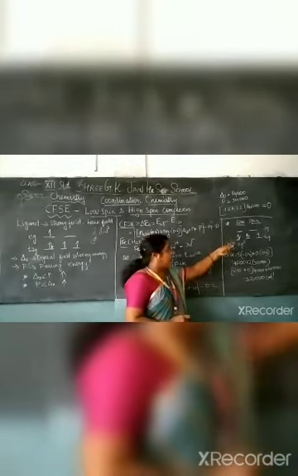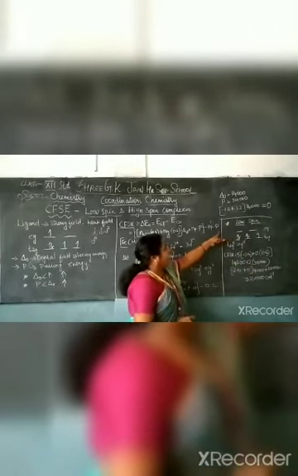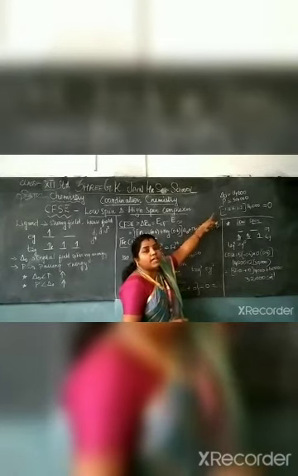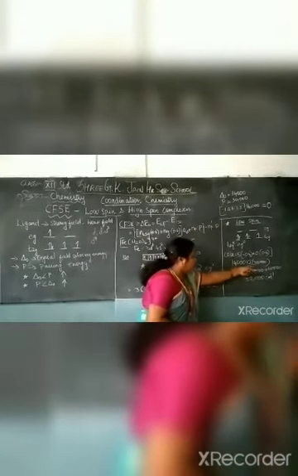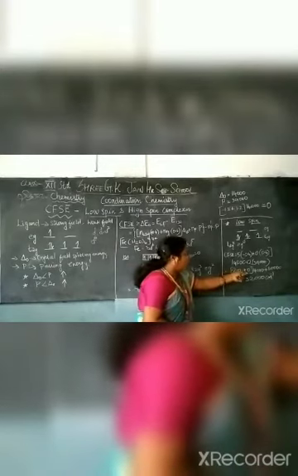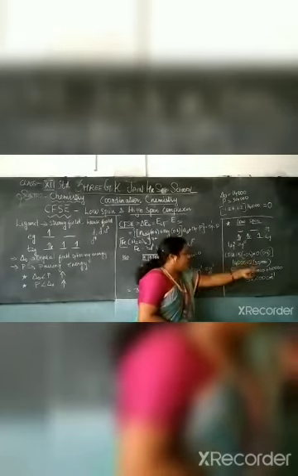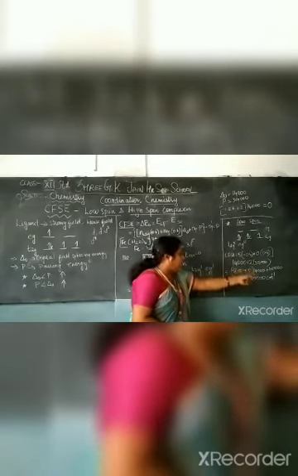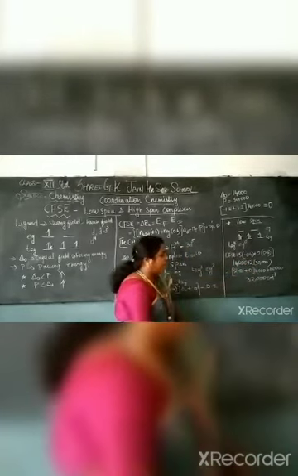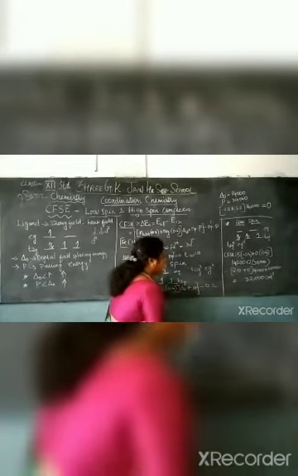How many pairs are there? 2. So 2 into the pairing energy, which is given as 30,000. So 5 fours are 20, minus 2.0, plus 0 into anything is 0. 14,000 times minus 2, then 2 into 30,000 is 60,000. If you multiply and subtract the values, finally you will get 32,000 cm⁻¹.